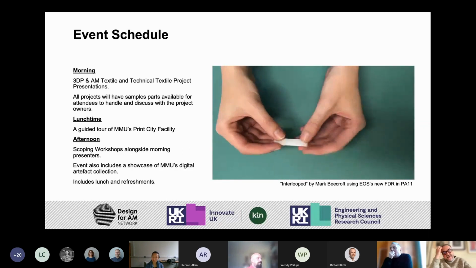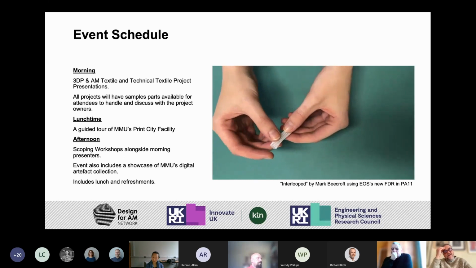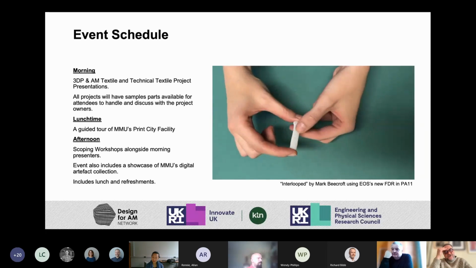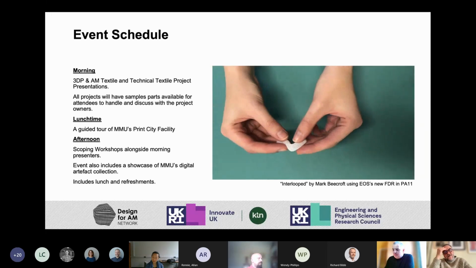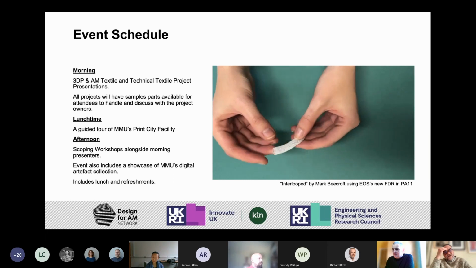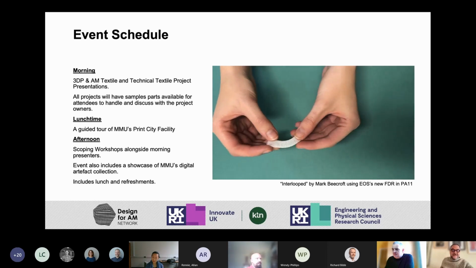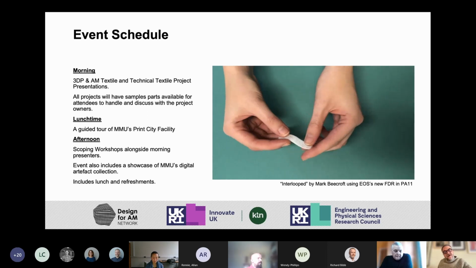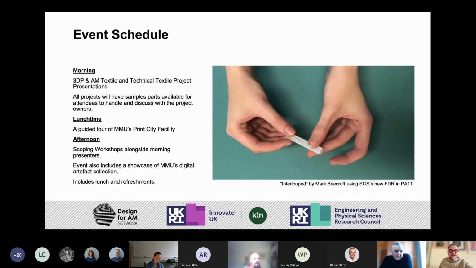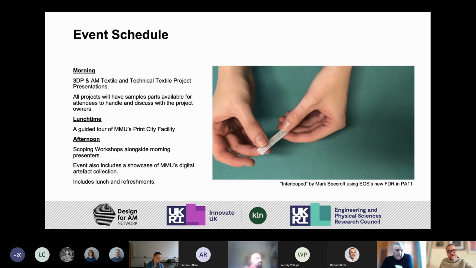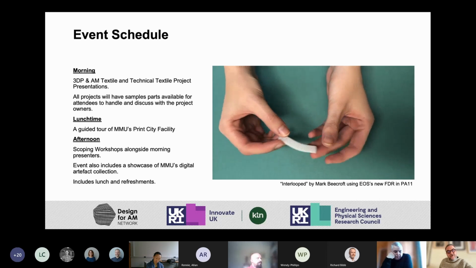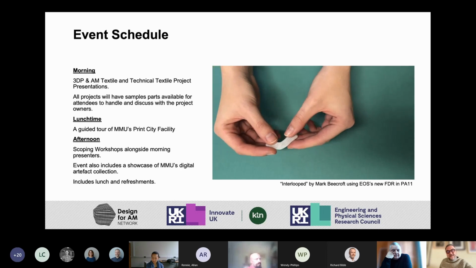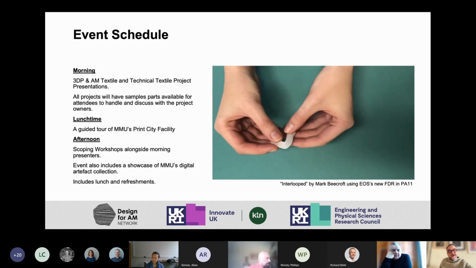The schedule for the day is still being finalised, but in the morning we're going to have a series of presentations by various project leaders, followed by lunch, and the Print City facility at MMU has very kindly offered tours of their facility for the attendees. In the afternoon, we're going to have scoping workshops where the attendees are broken into groups and put on tables with the presenters from the morning to discuss potential ways forward.